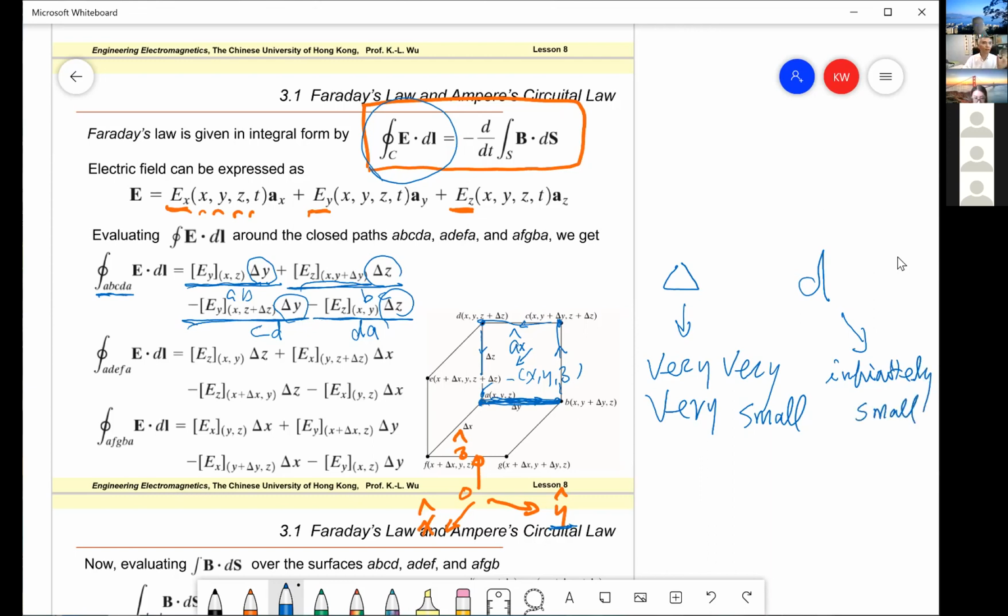So I'm still using delta right now. Delta is very, very small, but not infinitely small.